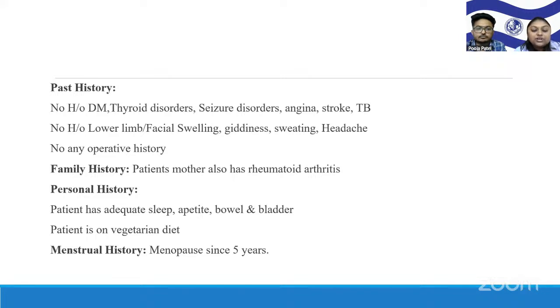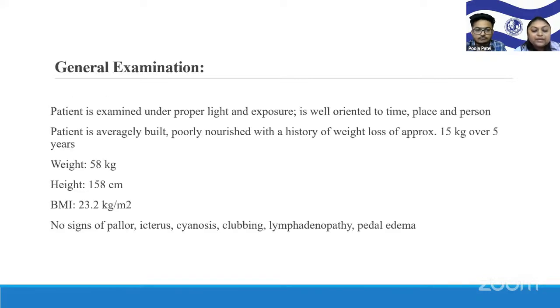There is no history of giddiness, sweating, headache, lower limb or facial swelling, or any operative history. The patient's mother also has a history of rheumatoid arthritis. The patient has adequate sleep, bowel, bladder, and appetite, and is on a vegetarian diet. She has been menopausal for 5 years.